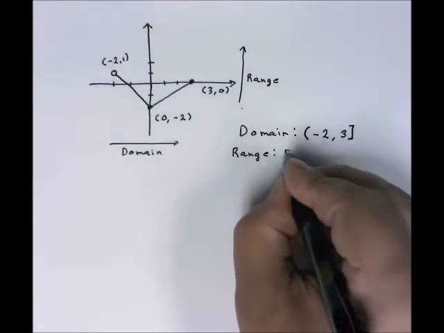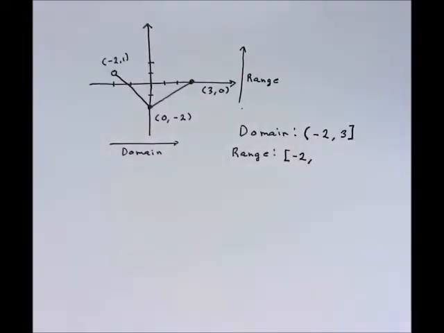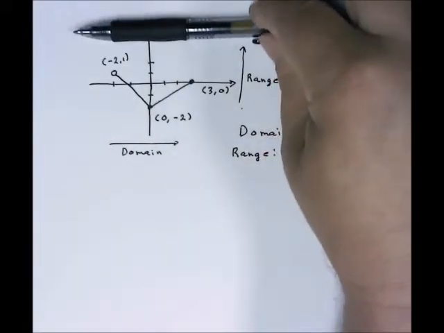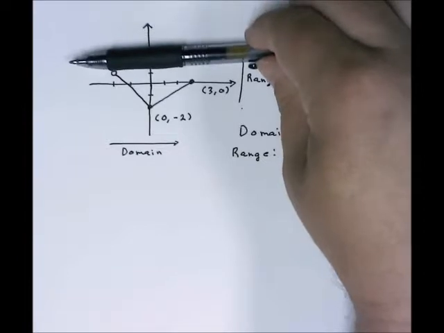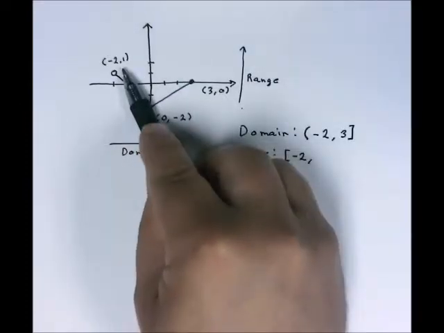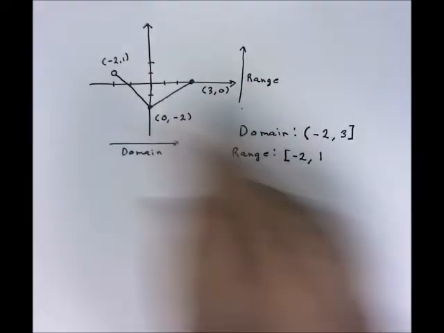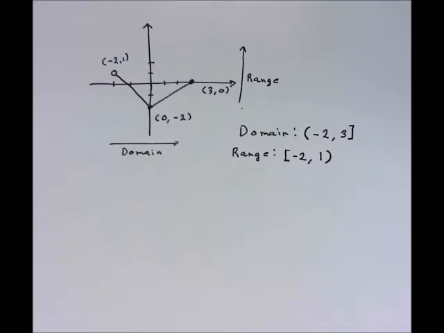So I get a closed bracket and -2. And then for the upper bound, I'm going to bring my imaginary line down until I hit my figure. And that's going to happen at the y value of 1. But remember, that's an open circle, so I have to represent it with an open bracket.